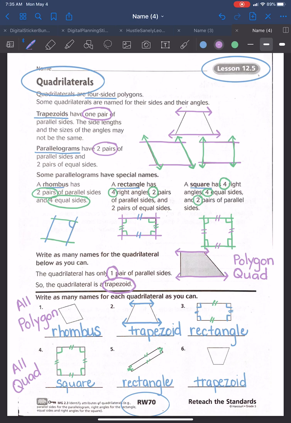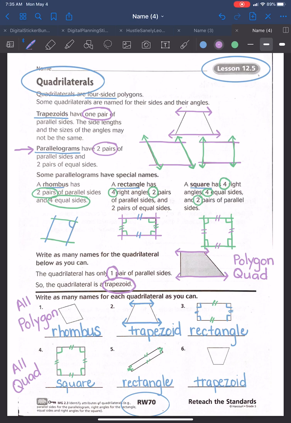Alrighty, before I turn the page, we've identified that they're polygons. We've also identified that they're quadrilaterals. We have given them a specific name, but what about which ones are parallelograms? Remember, our parallelograms have two pairs of parallel sides.